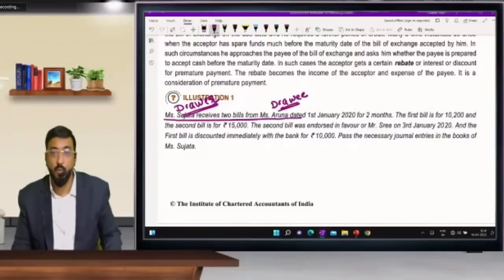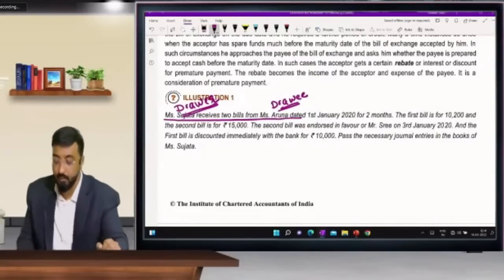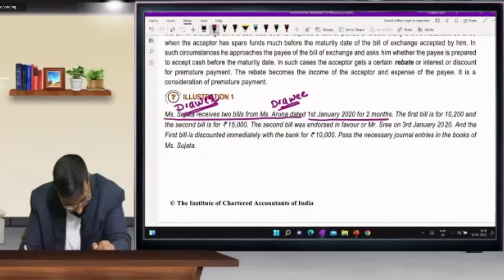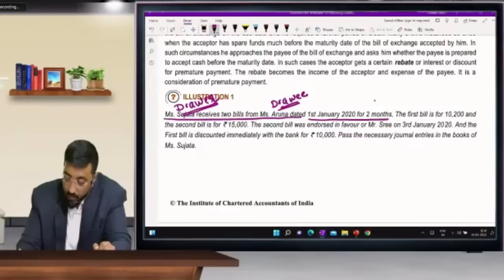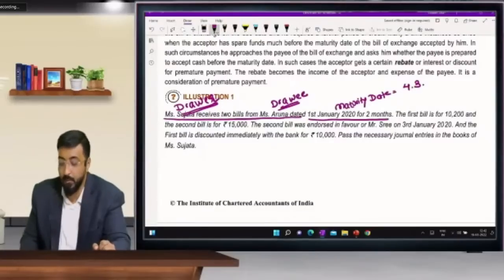Sujata is a drawer and Aruna is a drawee. On 1st January 2020 for 2 months. 2 months means maturity date is equal to 4th March. Maturity date is 4th March.